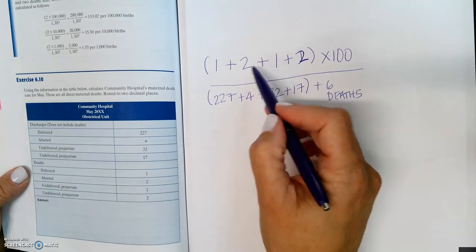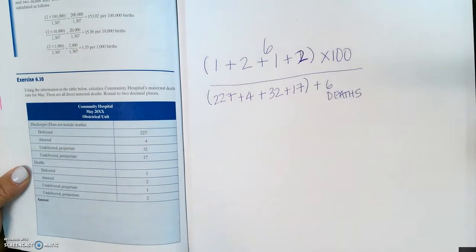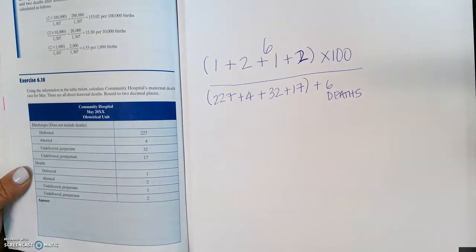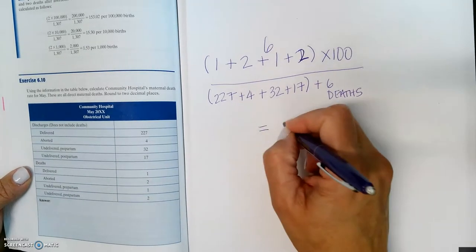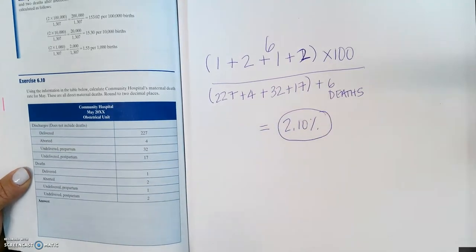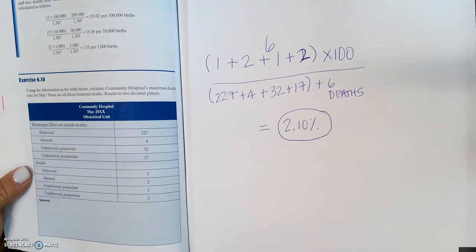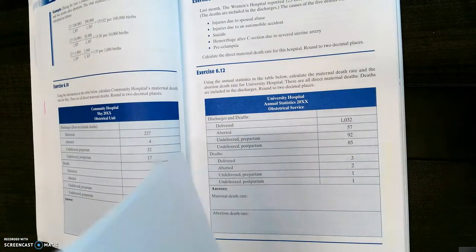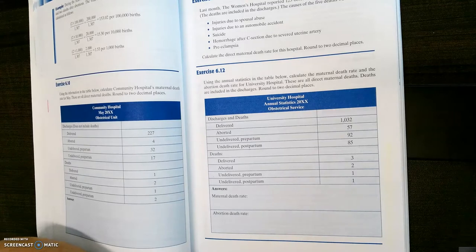Right? These are our deaths. So this was 6 deaths, right? Alrighty, so you should have come up with 2.10% after all the calculations. 2.10%.